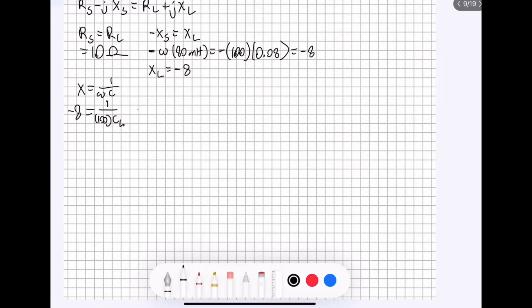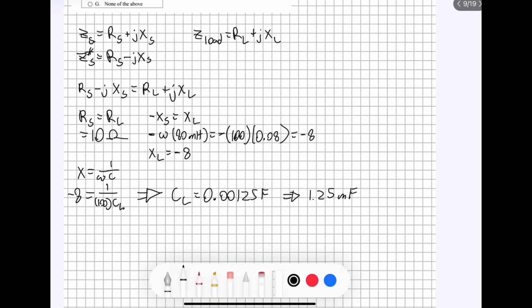If we solve that for CL, we get CL is equal to 0.00125 farads, which we can also write as 1.25 millifarads.